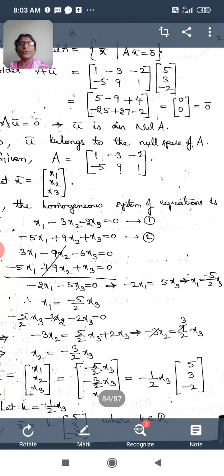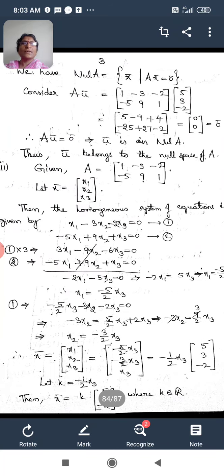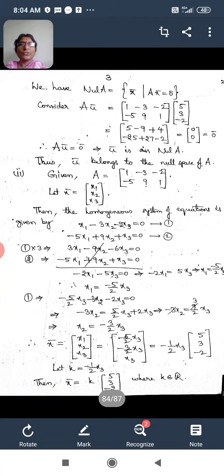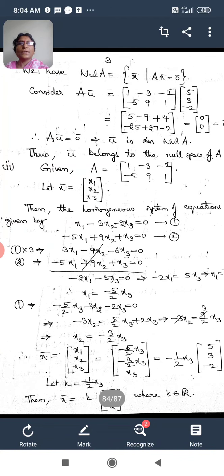That means u bar satisfies the condition for the null space, null A. So that is how u bar is in null A. Thus, u bar belongs to the null space of A. We were asked to determine whether the given vector u bar is in null A or not, and our solution is that u bar belongs to the null space of A.